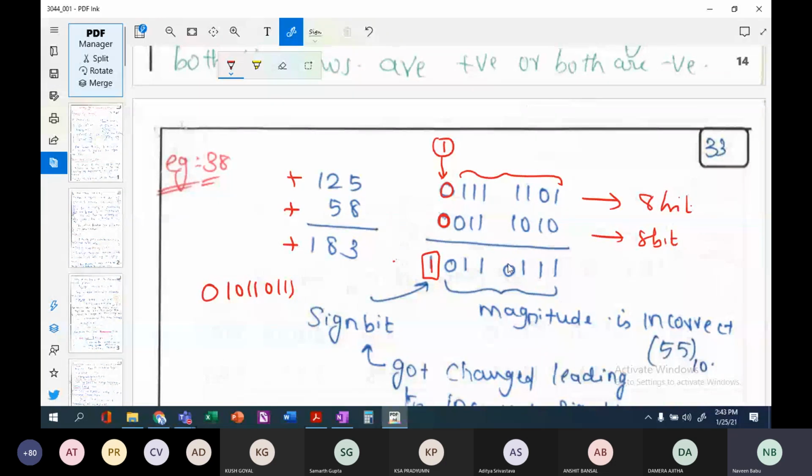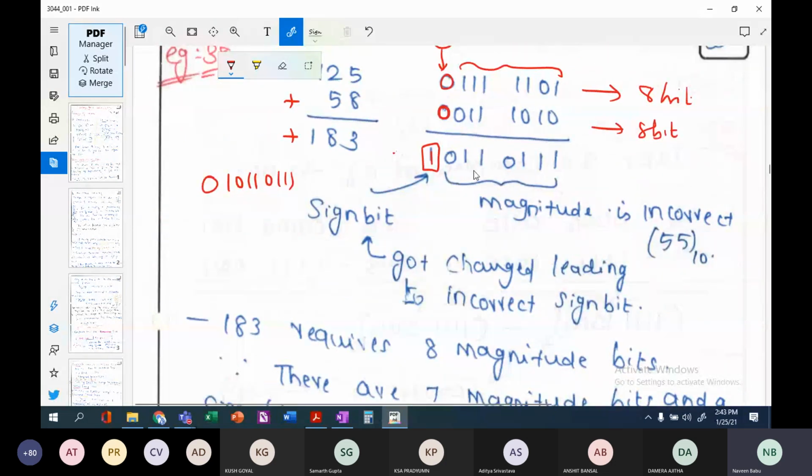But since the capacity is limited to 8 bits here, the carry portion has changed the sign, leading to an incorrect answer. So what is this magnitude equivalent to? The magnitude here, 0 1 1 0 1 1 1, is equivalent to 55. So this is giving me a wrong answer of minus 55 instead of plus 183.